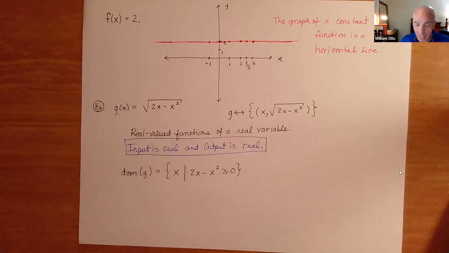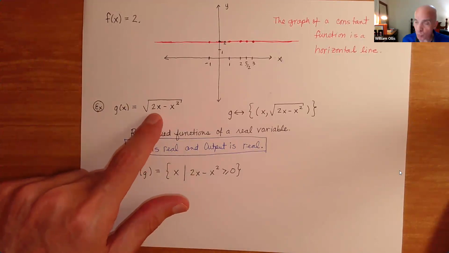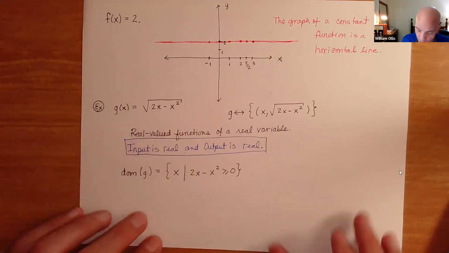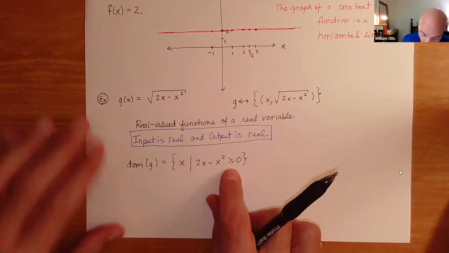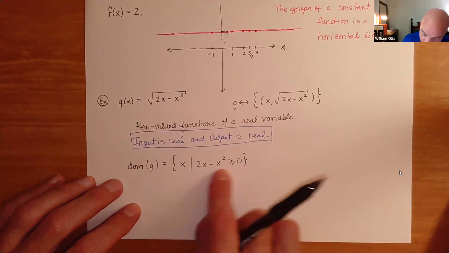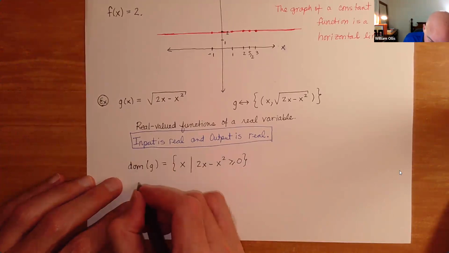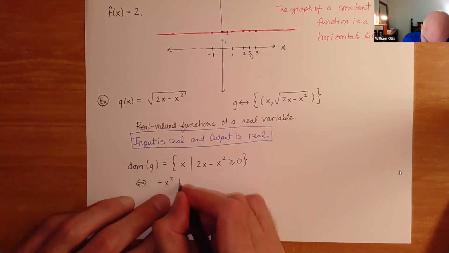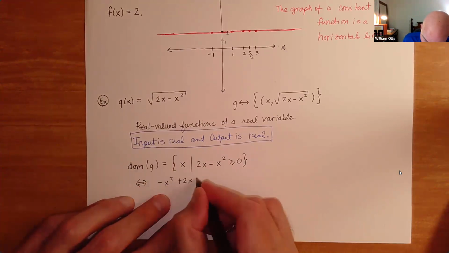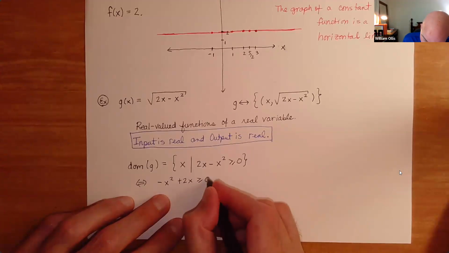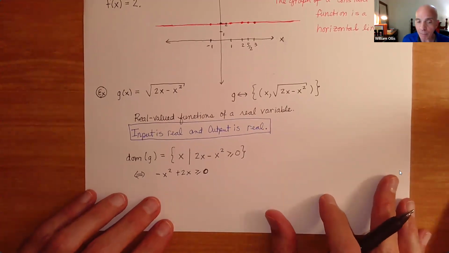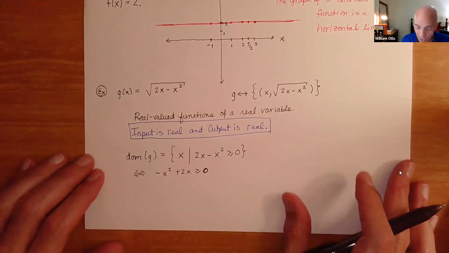We've already seen that when we replace x with 3, the output is negative, and that will not work. So let's figure this out. Now we'll do our inequality, move away from the set theoretic notation. And so if you like, we have negative x squared, I'll write the negative x squared term first, plus 2x is greater than or equal to 0. Now, I've already talked about boundary values, and I want to say more about it because we will be doing this throughout the course.